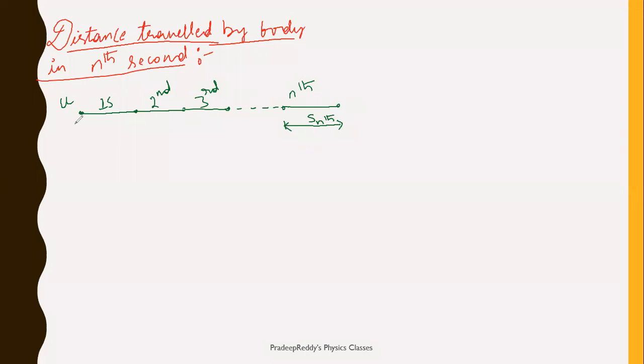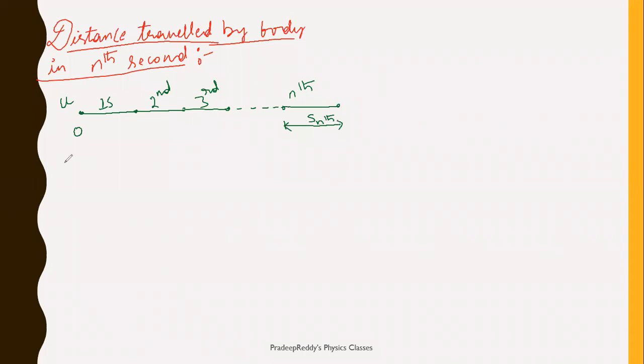Okay, so initially this body is starting at point O. Let me take this as O. And from this position, in 1 second, it is traveling to this position. So this is the distance traveled in the first second. Next, this is the distance traveled in the second second, third second, fourth second, fifth second, like that. In the nth second, it is traveling distance Sn.